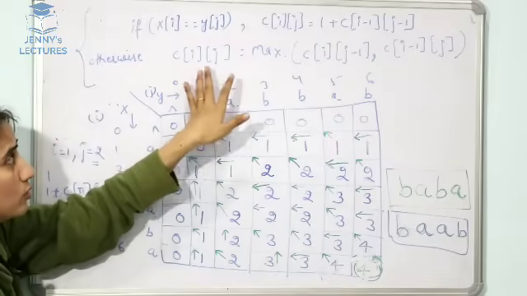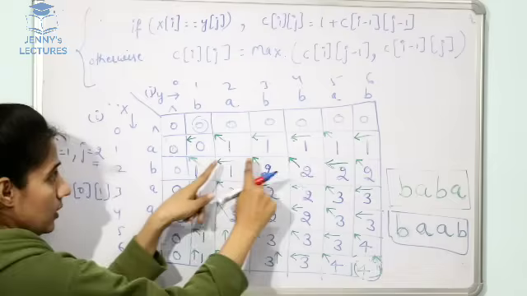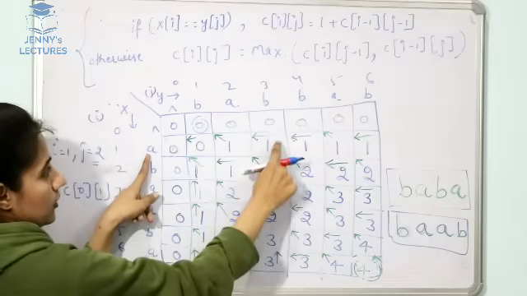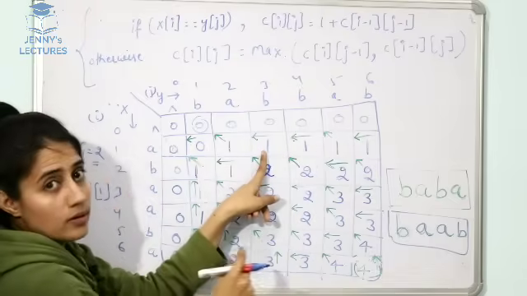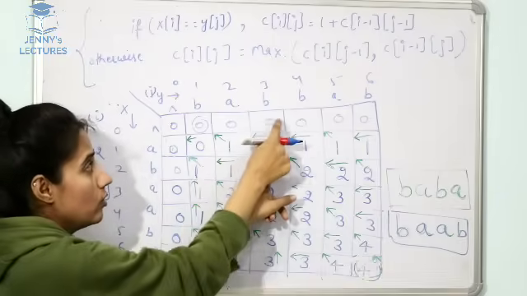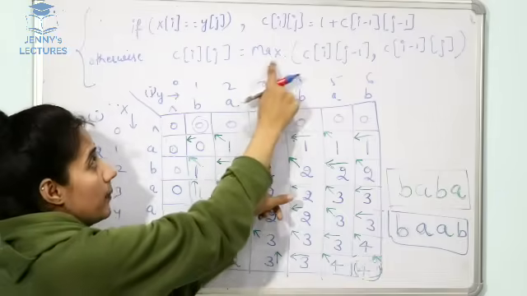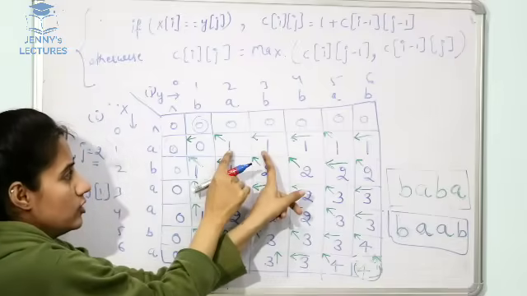otherwise what is the cost of i and j? Let us take this case. In this one, A and B are different, then what have we taken? Maximum of this one or this one. See, maximum of this one, this is what?